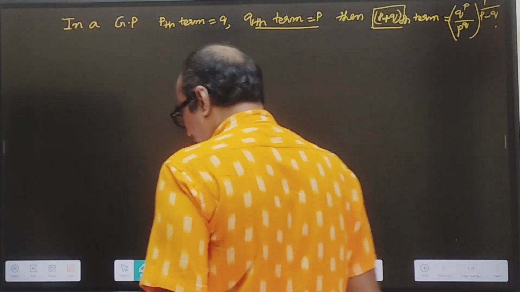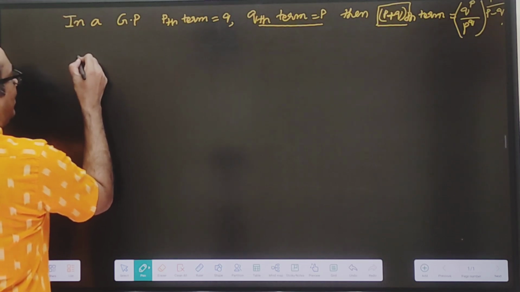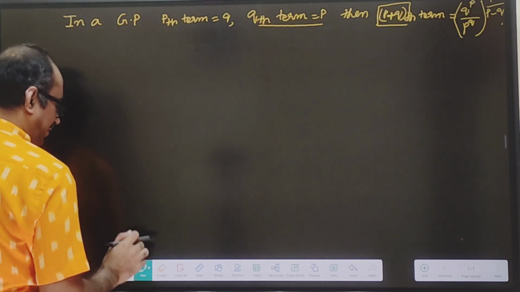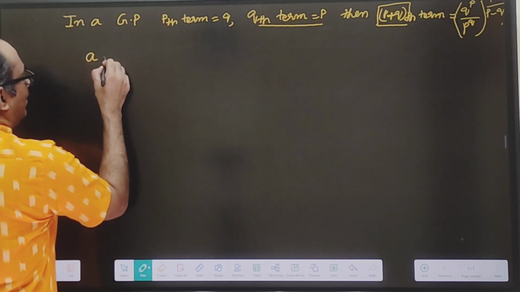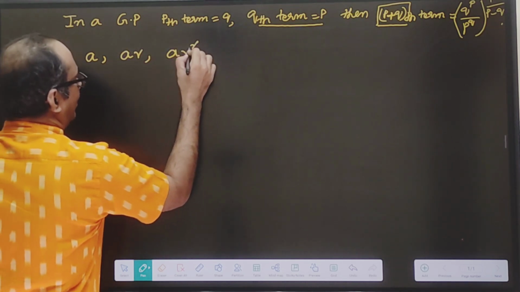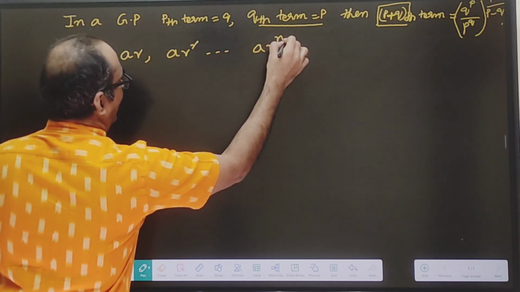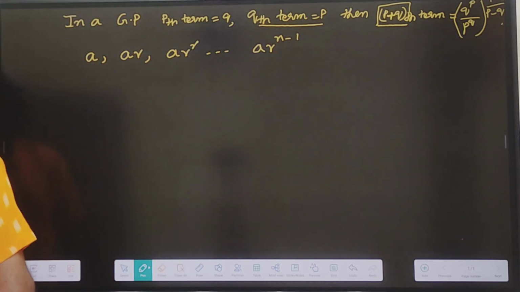So let's go ahead. Let our geometric progression be a, ar, ar square, like that. The nth term is given by ar to the power of n minus 1.